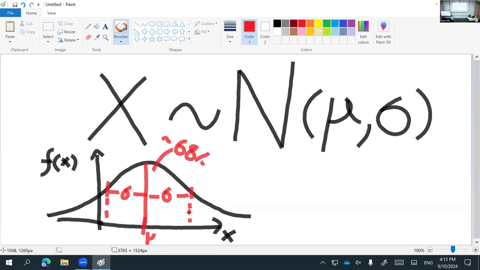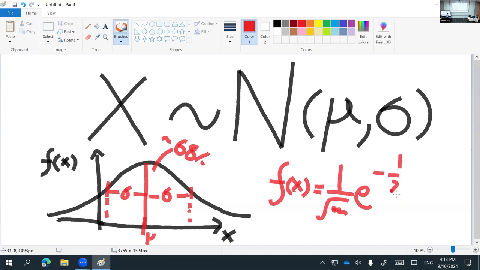Now the function for this, I'm not going to be mean, but I will be mean. f of x is equal to 1 over something, e to the minus 1/2 times (x minus mu divided by sigma) squared.